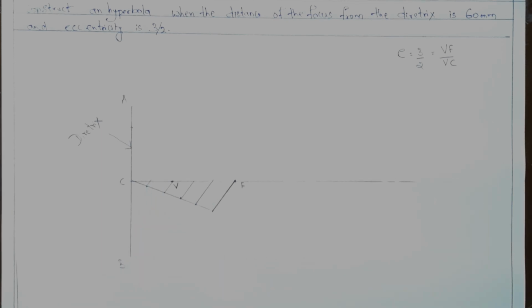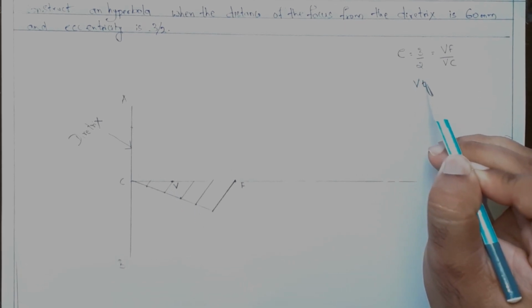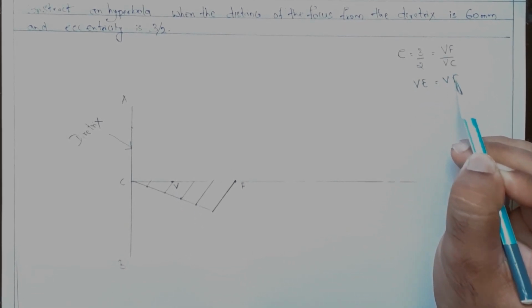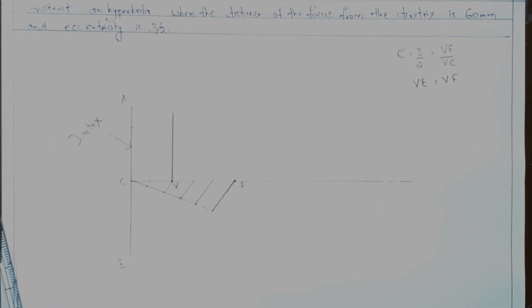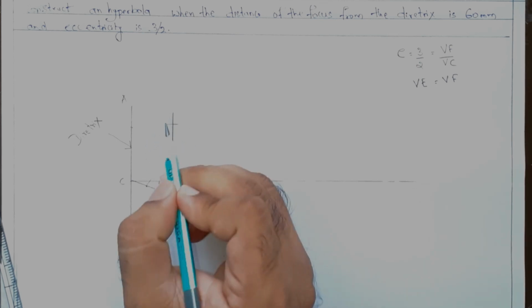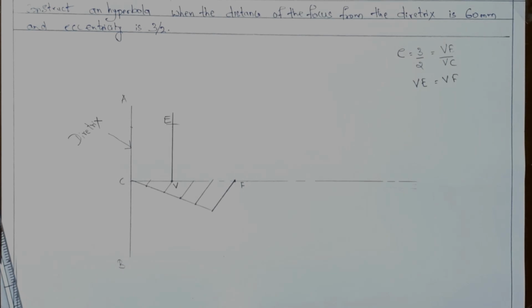Next step is we have to draw a vertical line at V to meet the point E such that VE will be equal to VF. Next step is to join the line CE and extend it to some convenient distance.